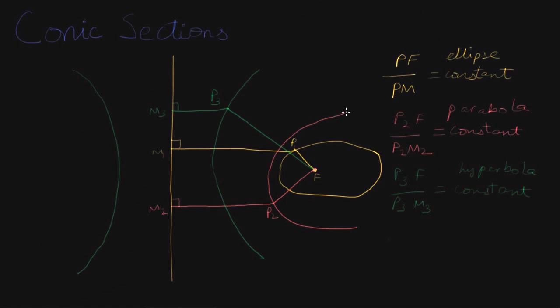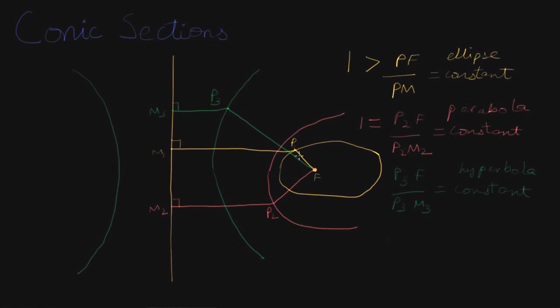In this ellipse constant, I find that the PF over here is kind of shorter when you compare it to PM1. So what I can say about this is PF by PM is less than 1. As for the parabola, though it isn't very clear over here, the parabola constant actually equals 1 for every single parabola every single time.